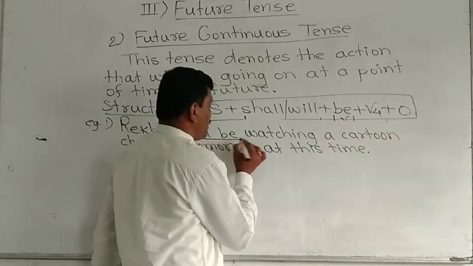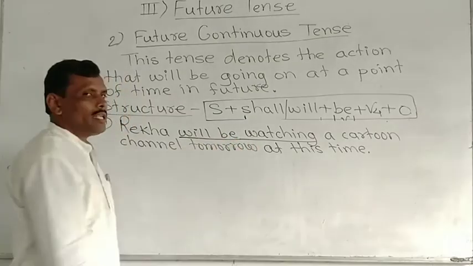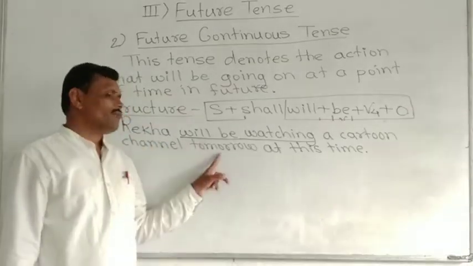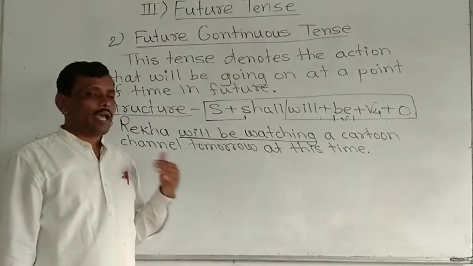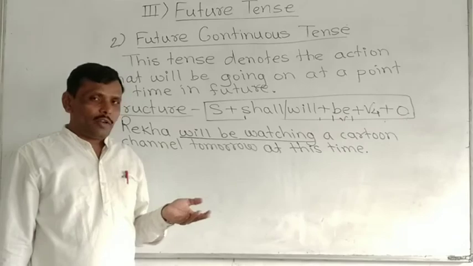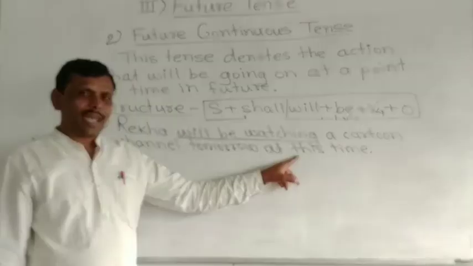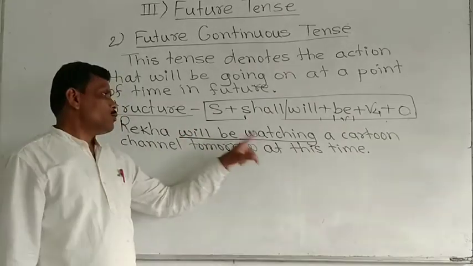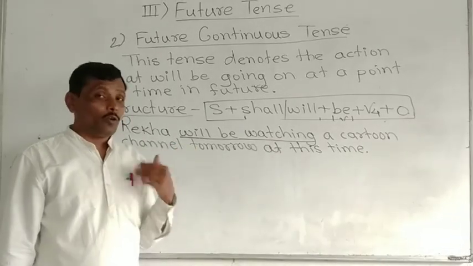After will there is be and then V4. Shall or will plus be plus V4. This is future continuous tense, and this action will continue. This action will be going on tomorrow at this time. What action? Watching. Okay, Rekha watching a cartoon channel. This action will be going on.